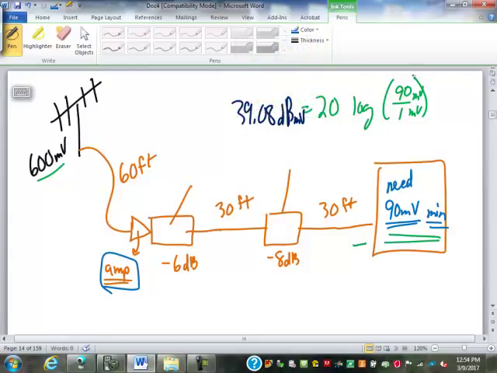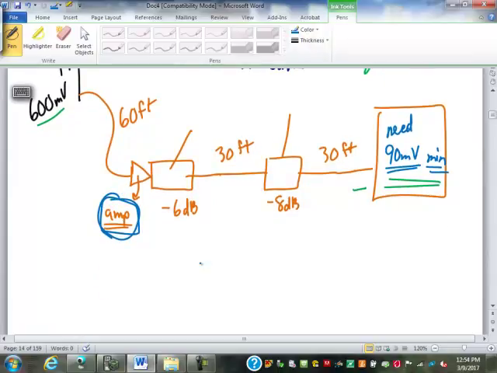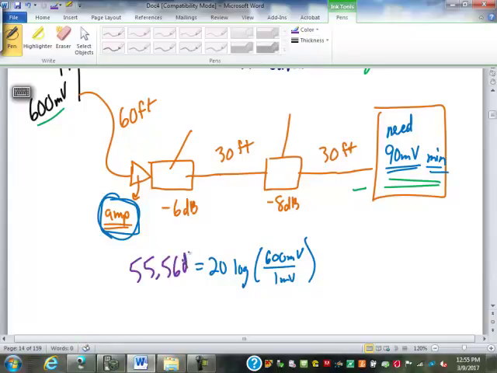Now let's figure out what we're getting off the antenna with no amplification, so ignoring this amplifier. Okay, so 20 times the log of 600 over 1. That was 55.56 dBmV.